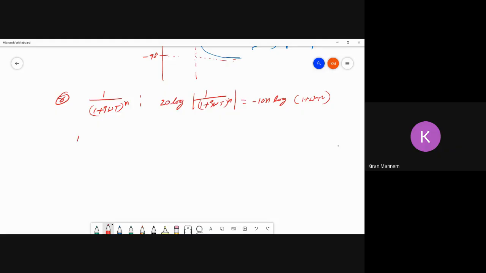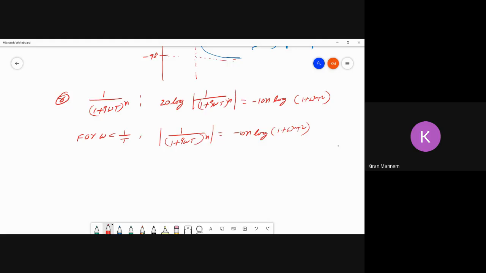So obviously we have some corner frequencies and approximations for low frequencies. It would be minus 10n log (1 plus omega square t square).